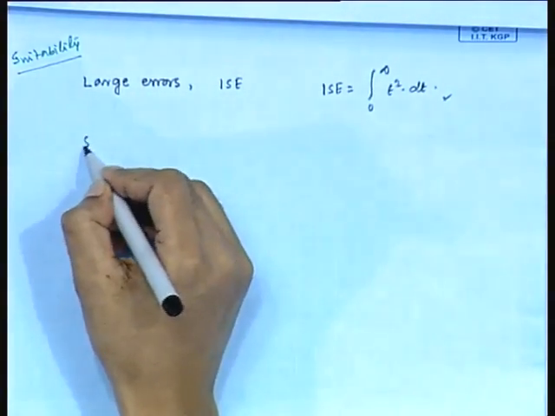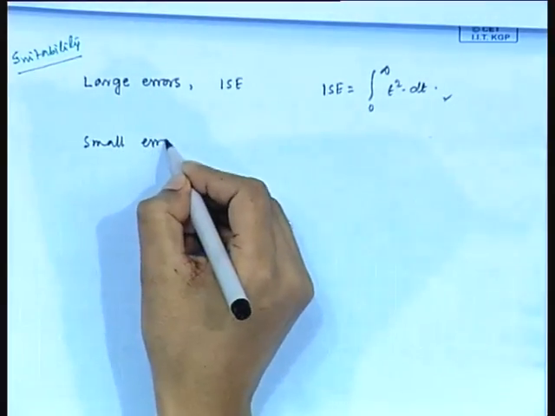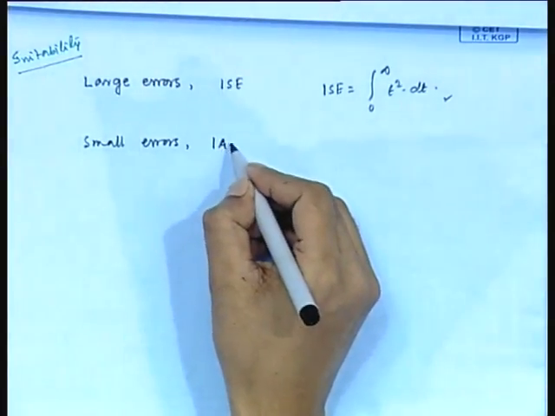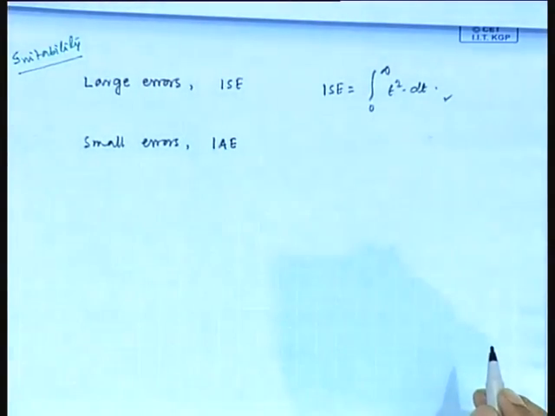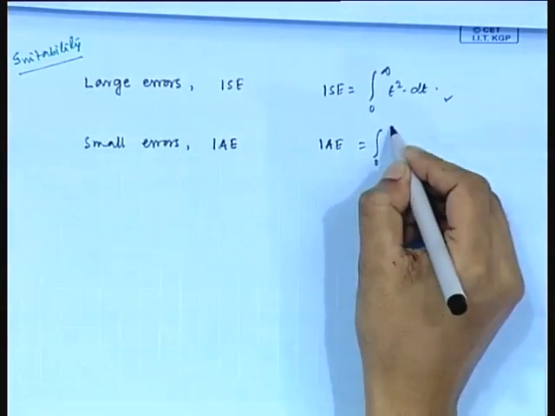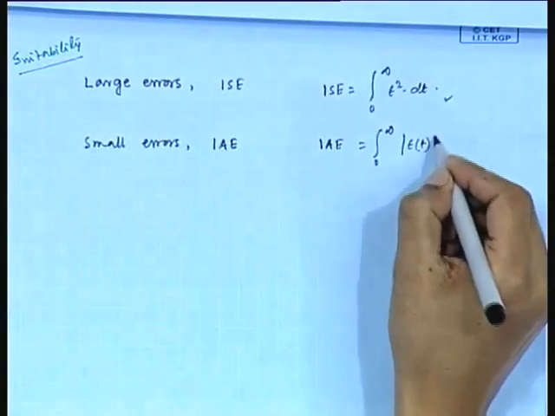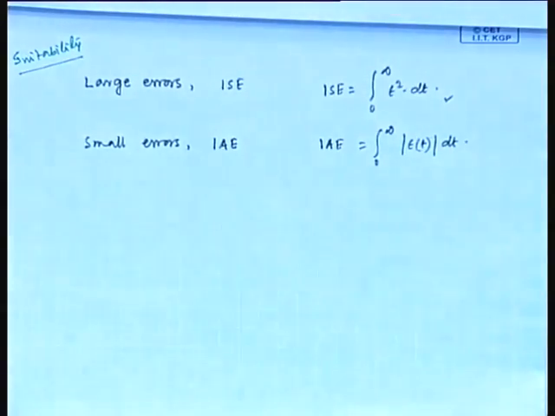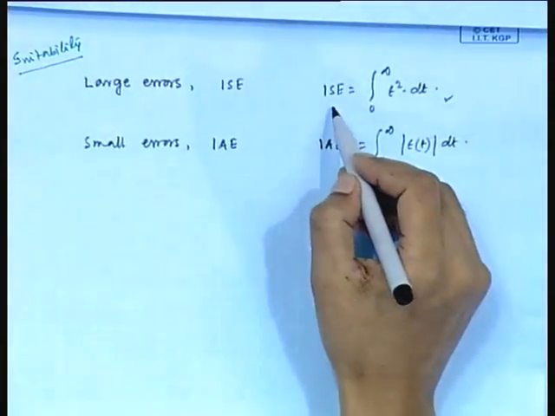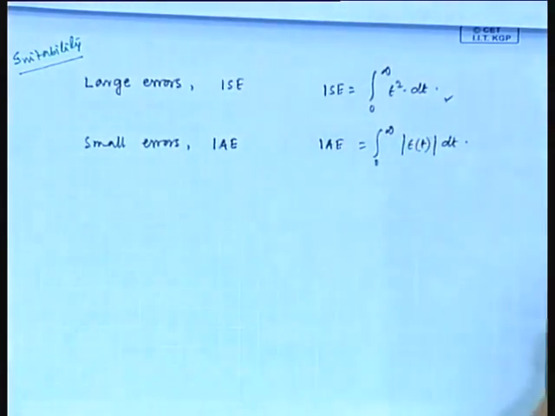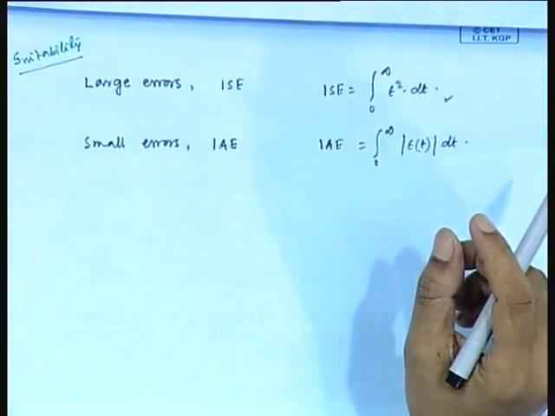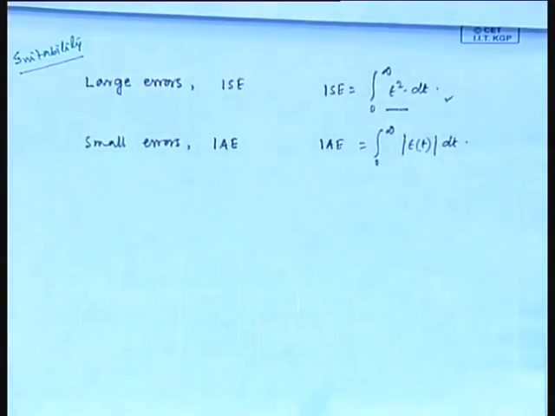If we wish to suppress small errors, then the IAE performance criterion is used. If small errors are involved, the ISE criterion is not used, because if you take the square of small errors, this term becomes even smaller.